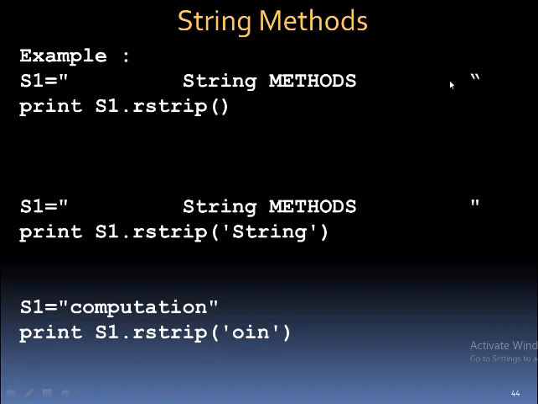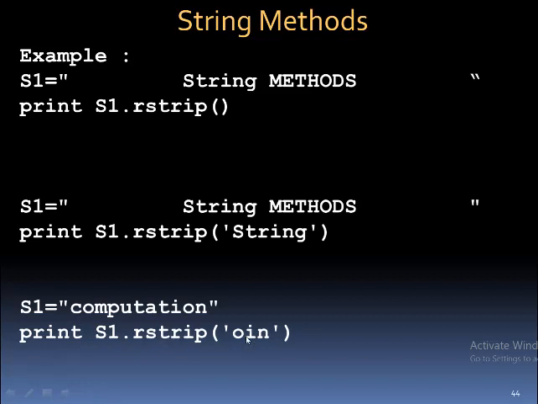Now some more examples. Here no argument has been passed, so it will remove the spaces from the end. Here s1.lstrip, to use the brackets here, s1.rstrip with string. From the right hand side the string is not present, so the whole string will be written as it is, nothing will be stripped.